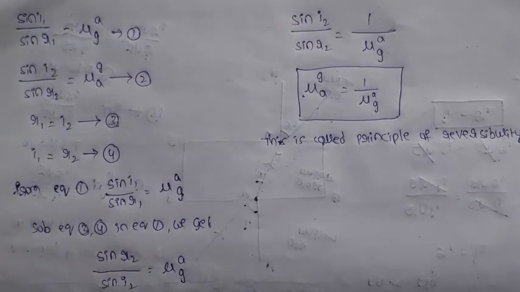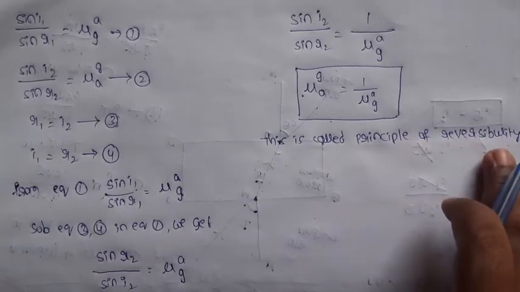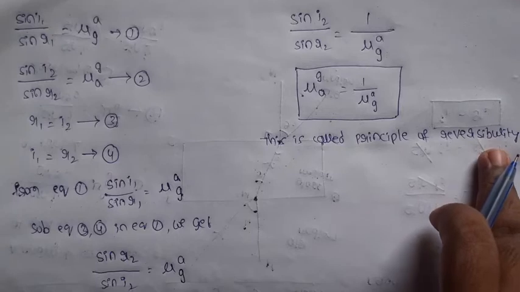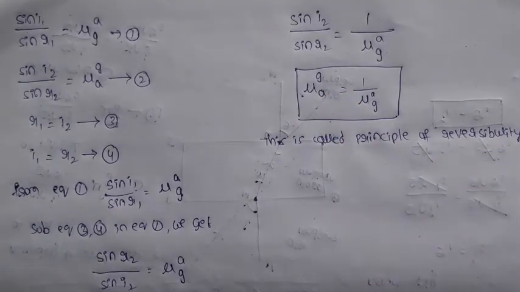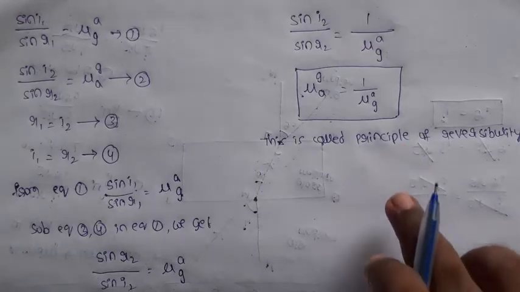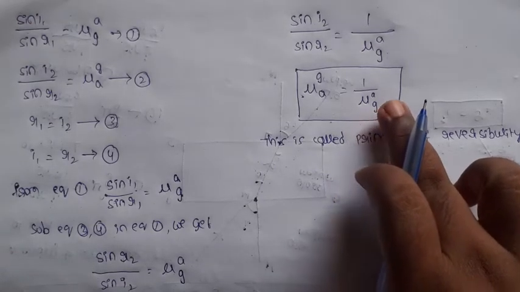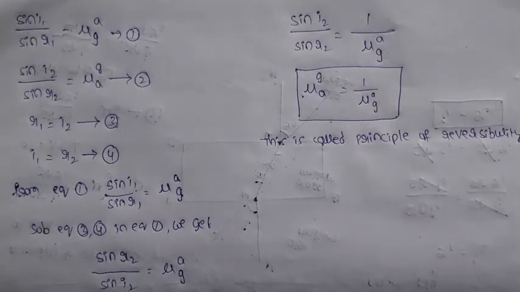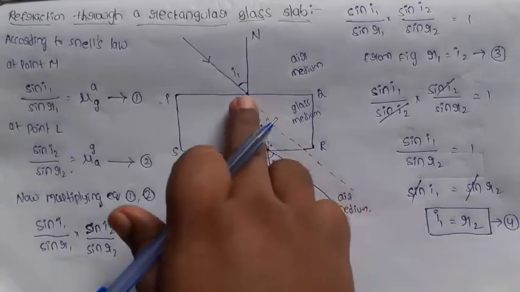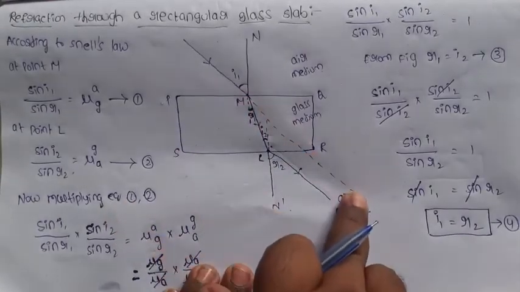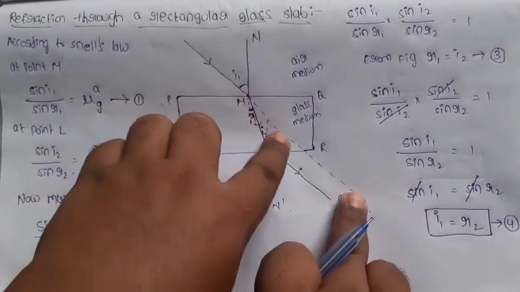So a glass slab obeys the principle of reversibility condition. That condition is refractive index mu AG equal to 1 by refractive index of G to A. Coming to the diagram, this is the original path of the light in the glass slab.